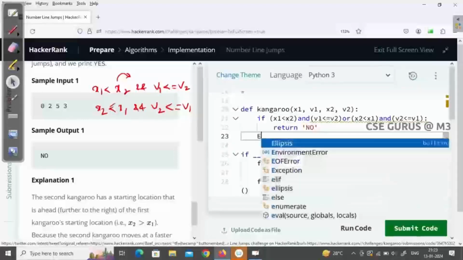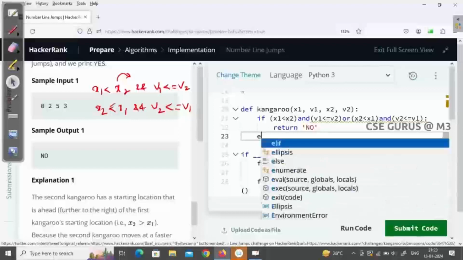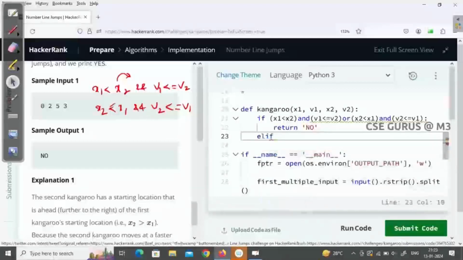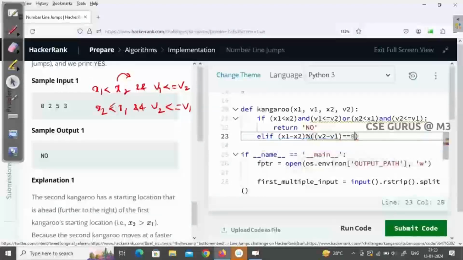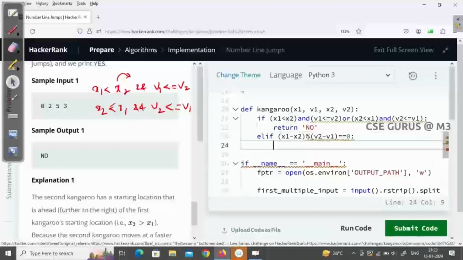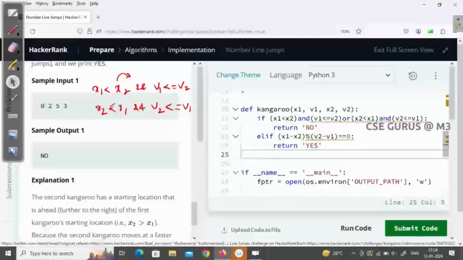Next, the second one, else if, which is elif in Python. Elif x1 minus x2 modulo v2 minus v1 double equals to 0, you have to make it, return yes, right? Even if you give double quotes, absolutely fine, not a problem.